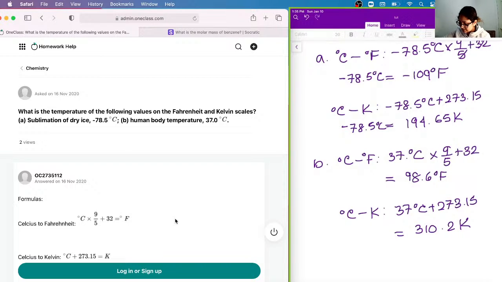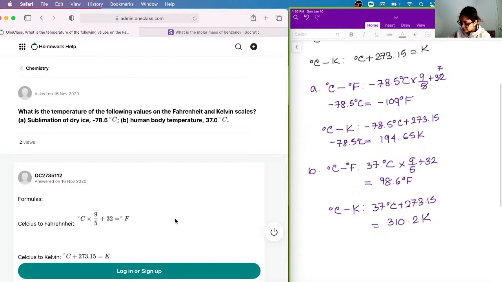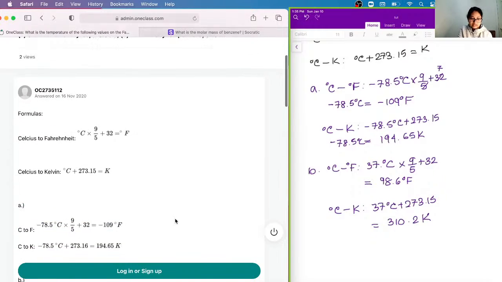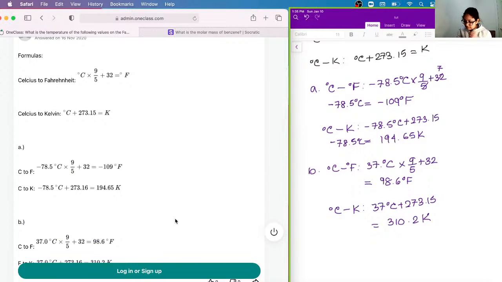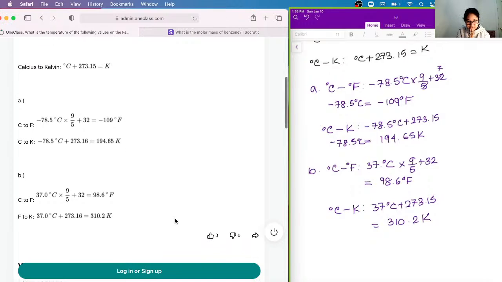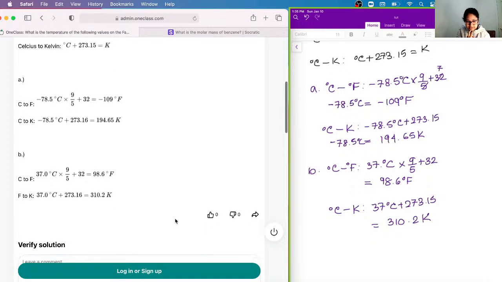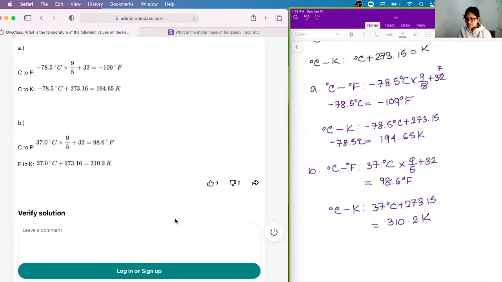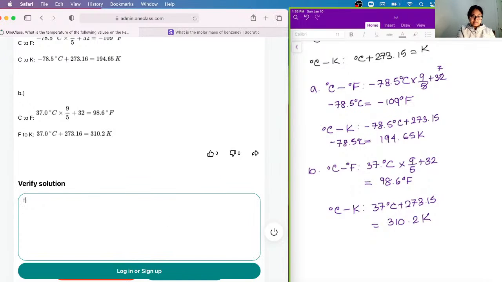Okay, so these are our answers. And so we got negative 109, 194, 98.6, and 310. So the solution is correct.